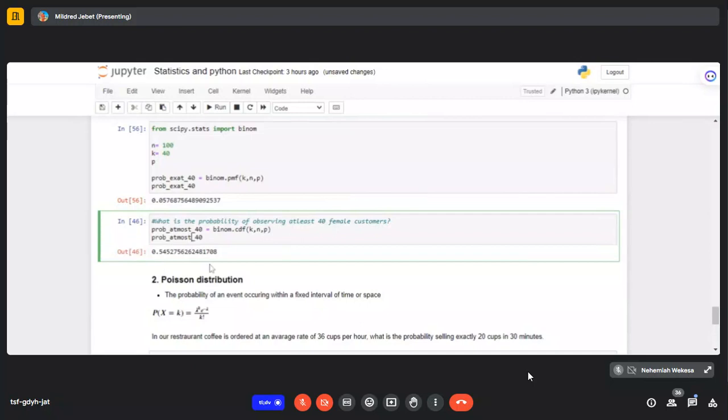At most 40 customers means from 0 customers to 40 customers, right? Since I need to add all of them, like the probability of having 1 customer plus the probability of having 2 customers, all the way to the probability of having 40 customers, instead of doing that manually, we can just use the cumulative density function here. It just adds for us, then it gives us the cumulative probability.